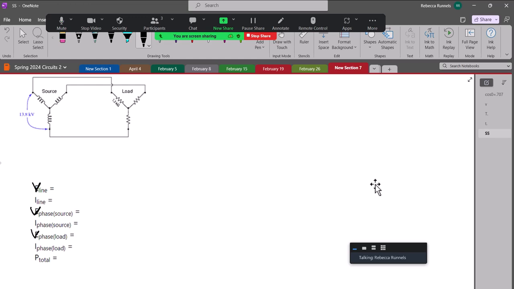So that's V line. So that is 13.8 kilovolts.